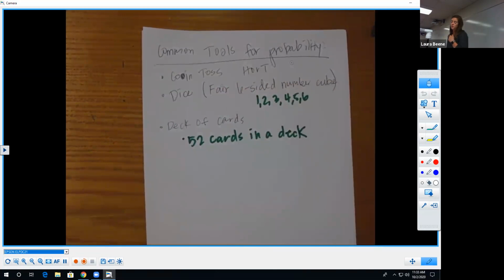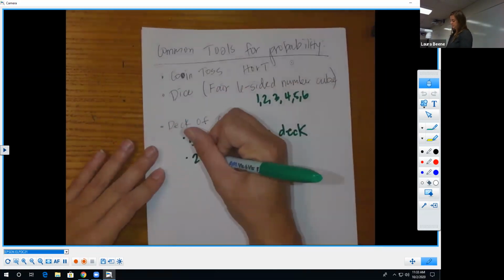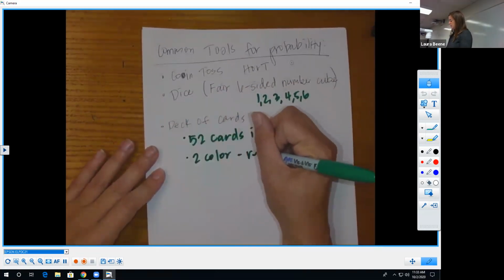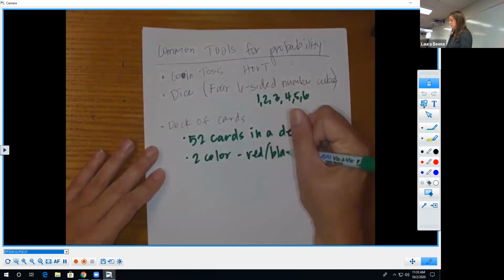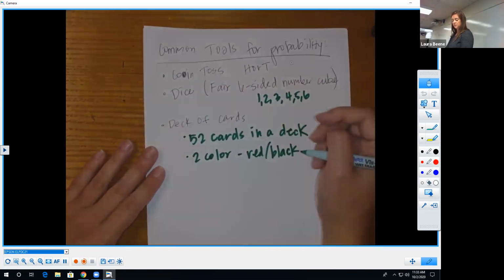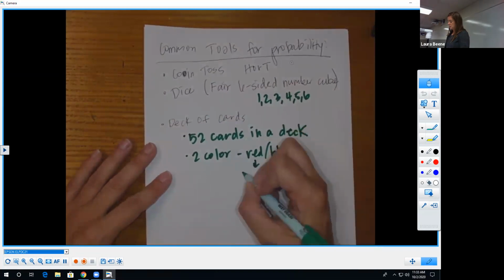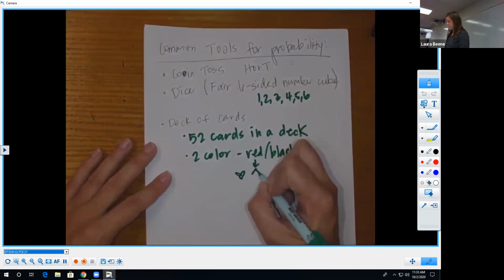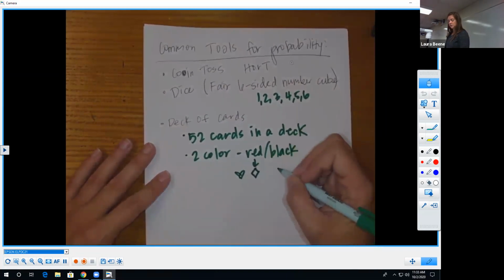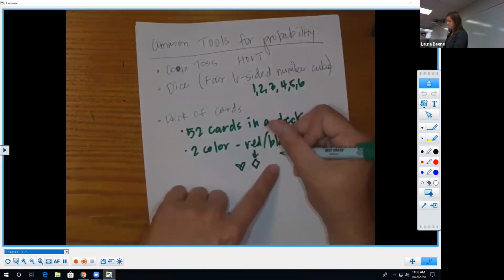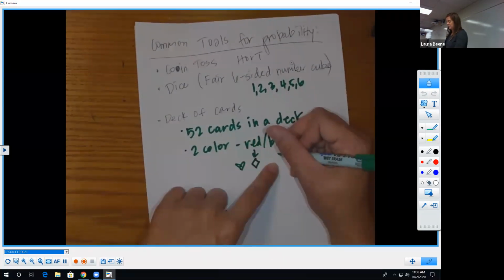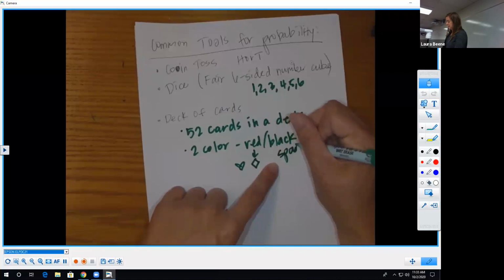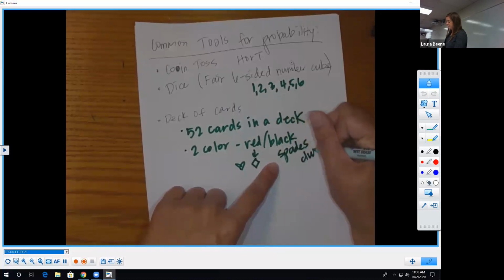There are 2 different colors. There are red cards and there are black cards. The red cards are hearts and diamonds. The black cards are, I shouldn't have drawn it because I can't draw a spade or a club very well. The black cards are the spades and the clubs.